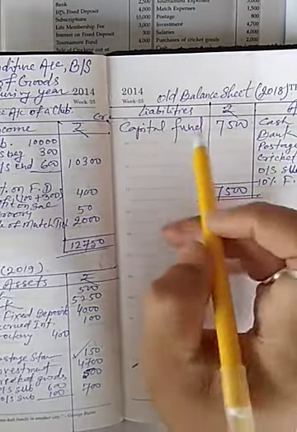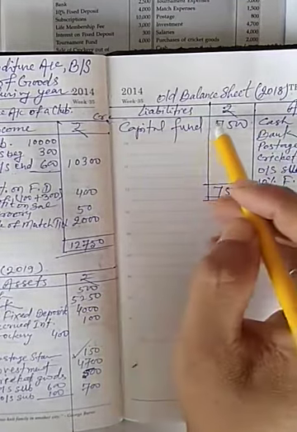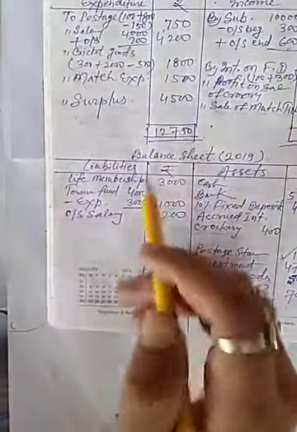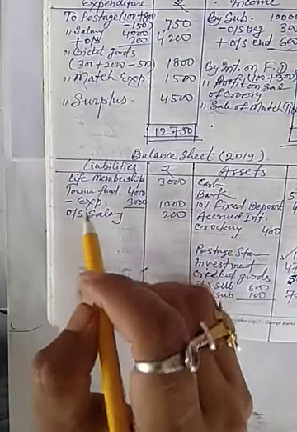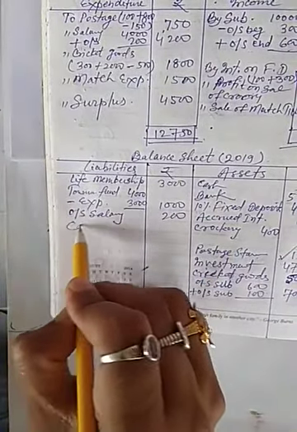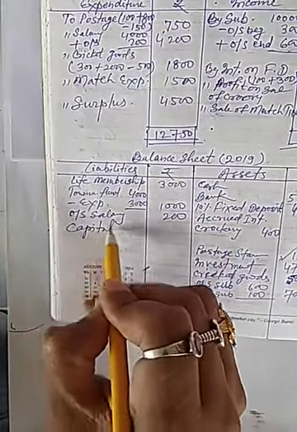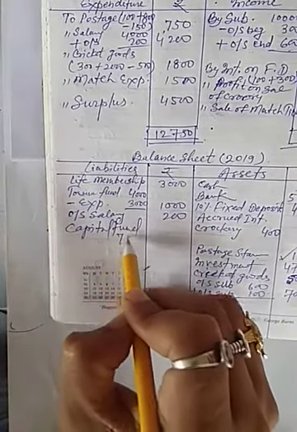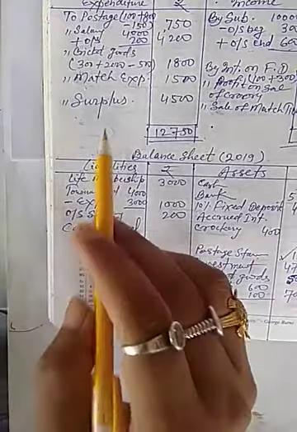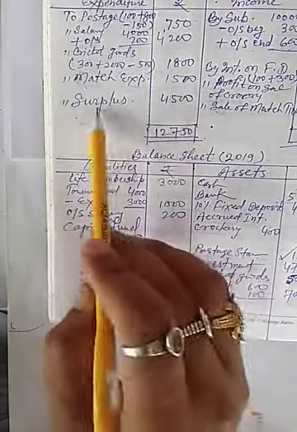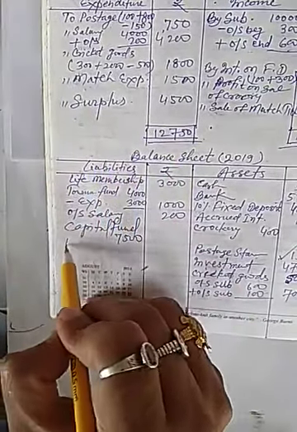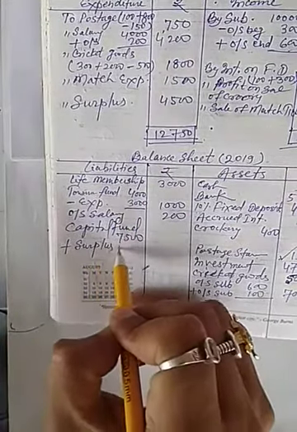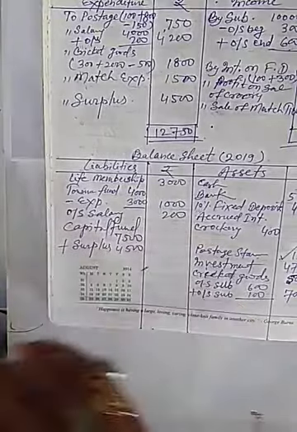Now the capital fund will be transferred into the current year balance sheet. So capital fund 7,500 is given, and I will also add surplus 4,500.